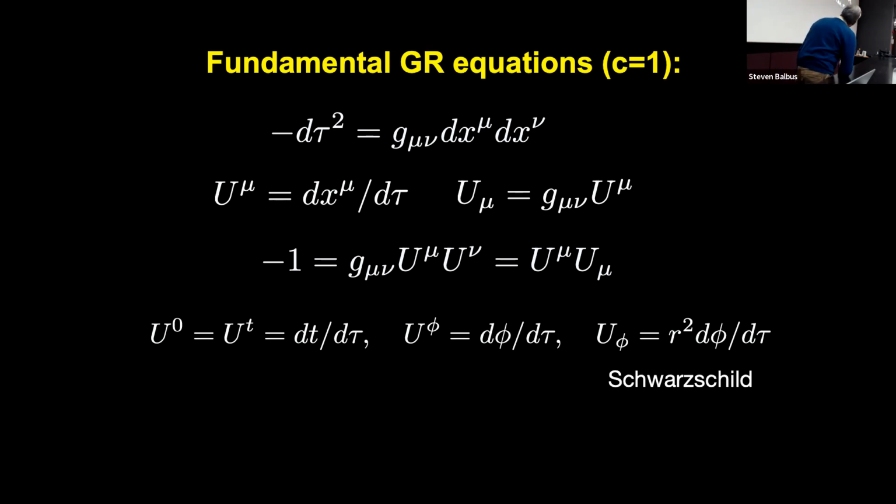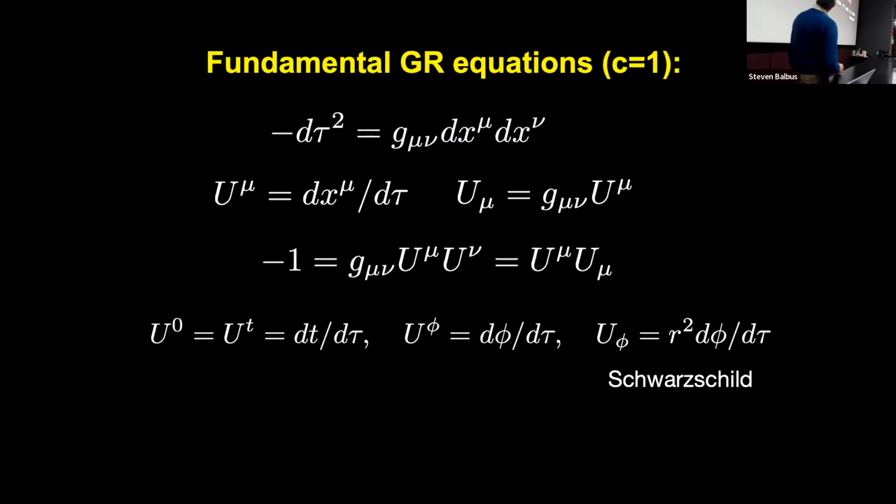And u phi, with the phi downstairs, will turn out to be the angular momentum. And u time, u0, will turn out to be the conserved energy. So these actually, interestingly enough, have their own little names in general relativity. You're not supposed to see that immediately from what I've said, but that will turn out to be the case.